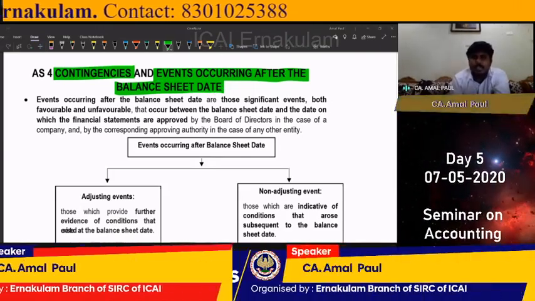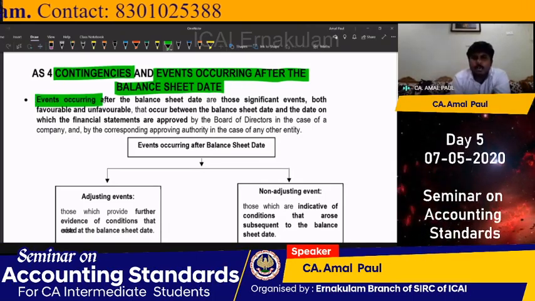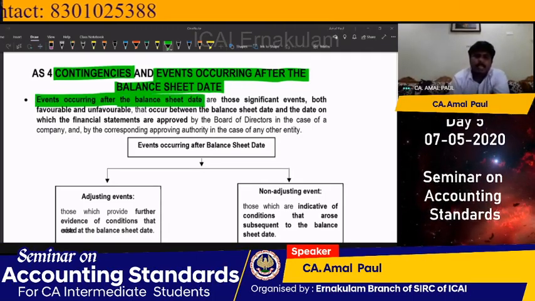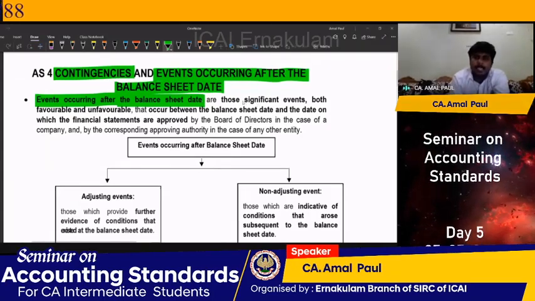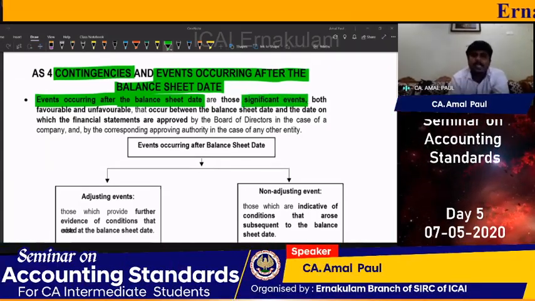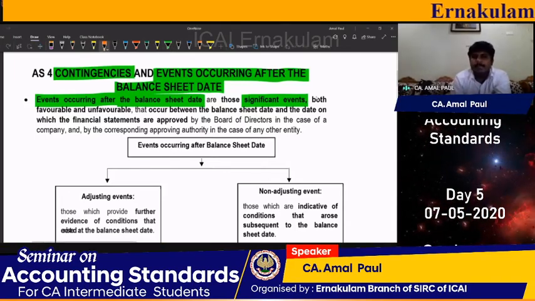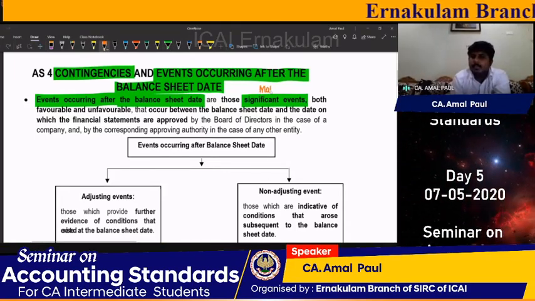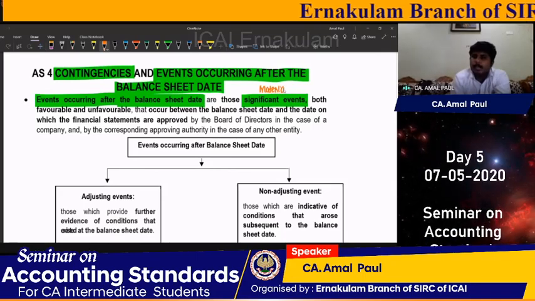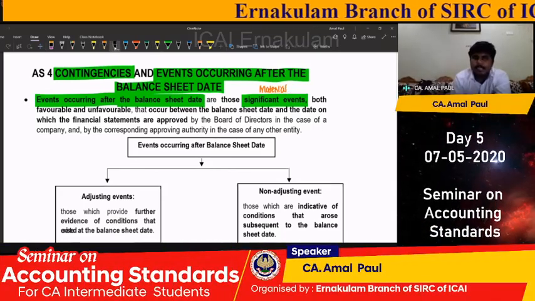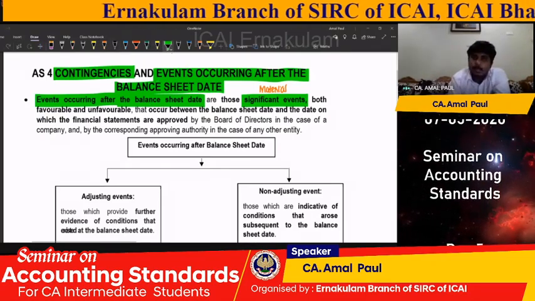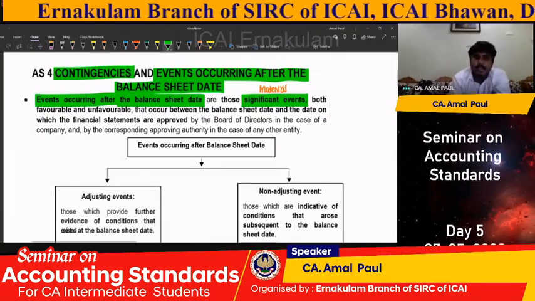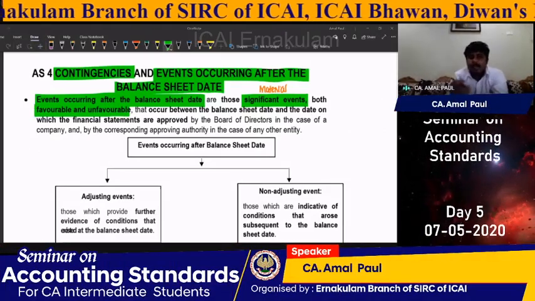So first we will see the definition of events occurring after the balance sheet date. First of all, these are significant events. That means only material items will be considered here. These are significant events, both favorable and unfavorable.